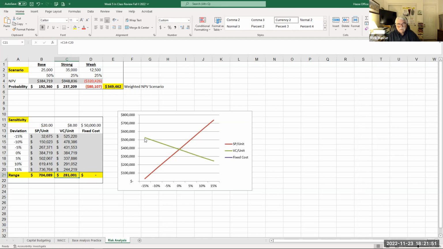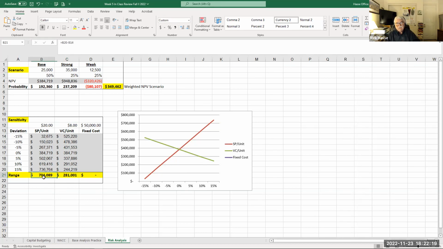But now we've determined the risk and sensitivity of changes in our variable cost. And notice from a high point of 525,220 with a 15% deduction in cost to a 244,219 profit when we've increased it, that's a range of 281,001. And we're beginning to see a pattern.